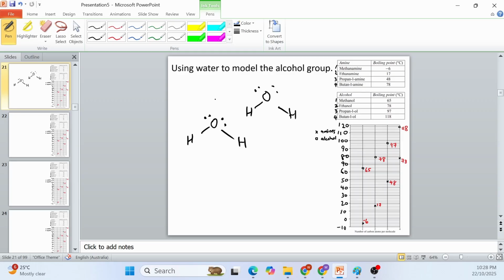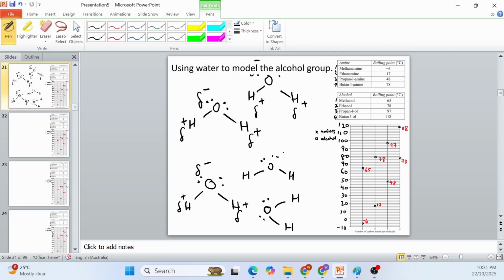Since we know that oxygen is electronegative, we're going to have a dipole moment of delta minus, which makes the hydrogen possess delta plus. Since oxygen has 2 lone pairs, that means it can effectively have 2 hydrogen bonding sites.